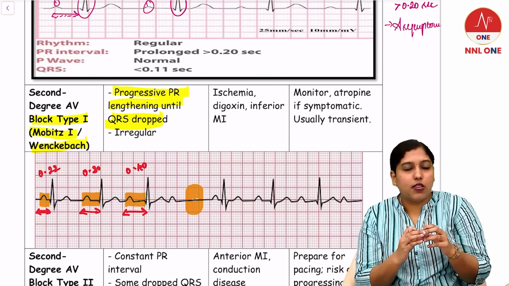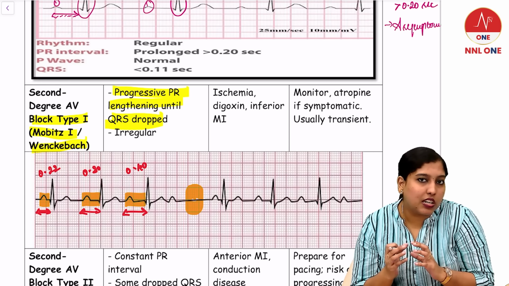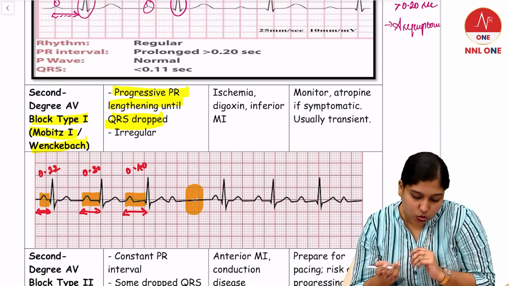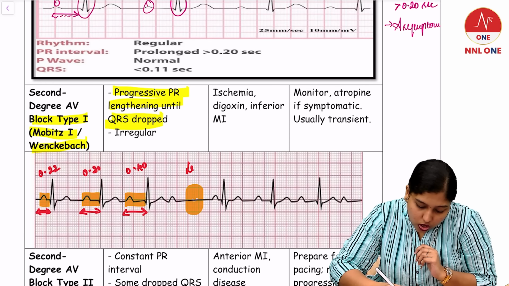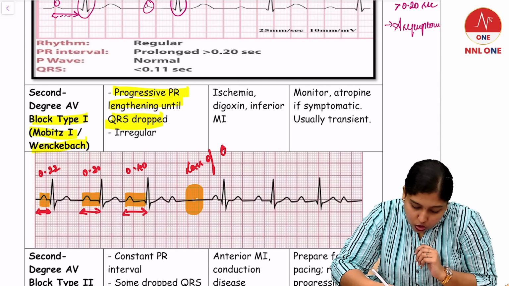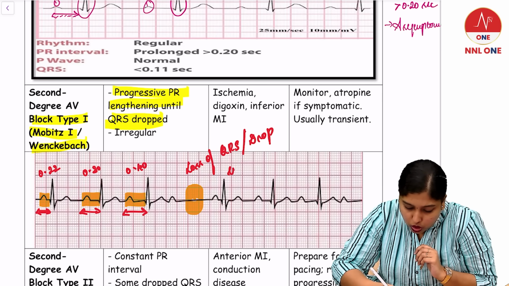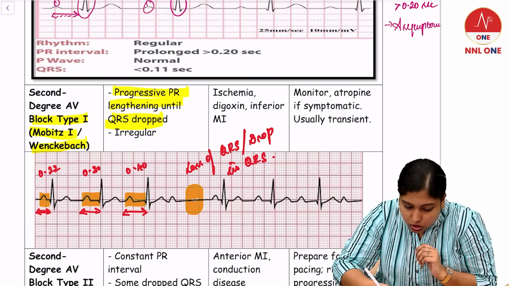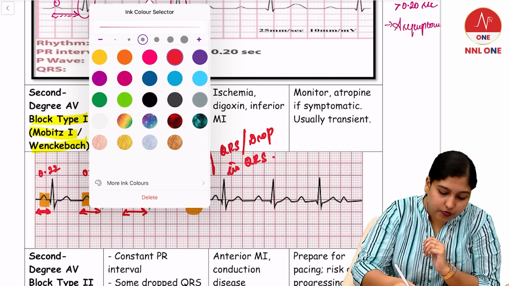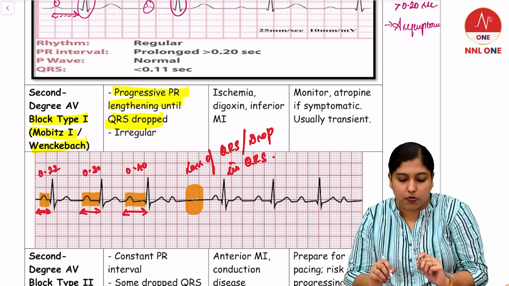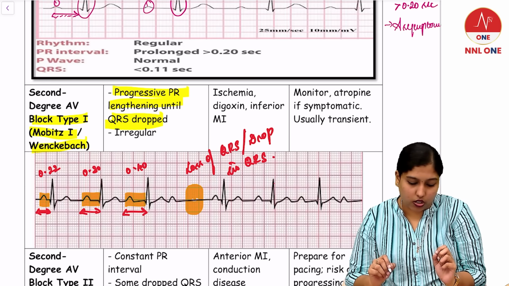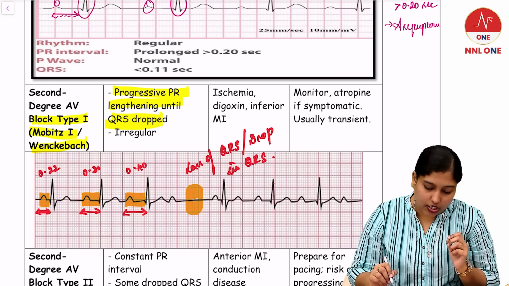The PR interval keeps increasing, and at last there is a loss of QRS, a drop in the QRS. The drop in the QRS is termed second degree heart block.